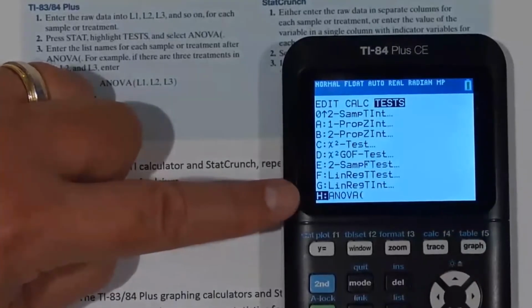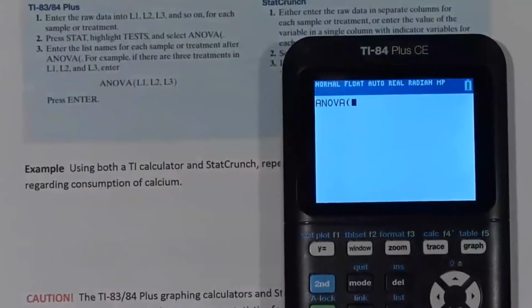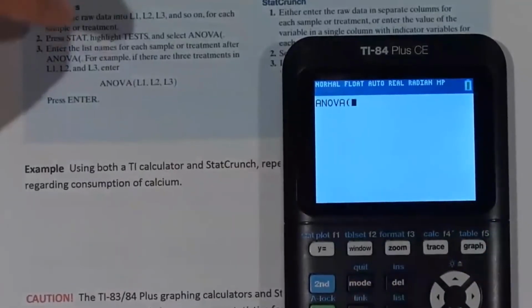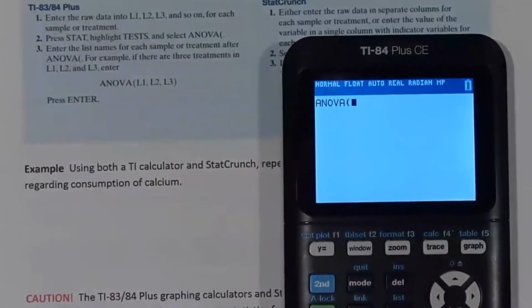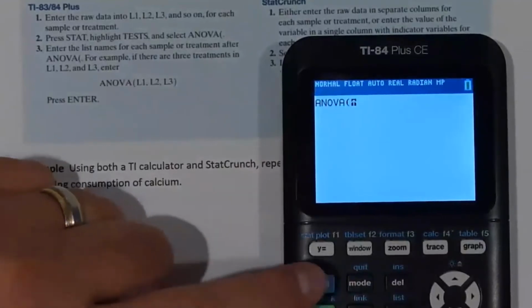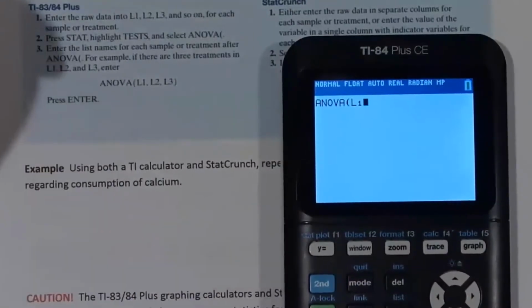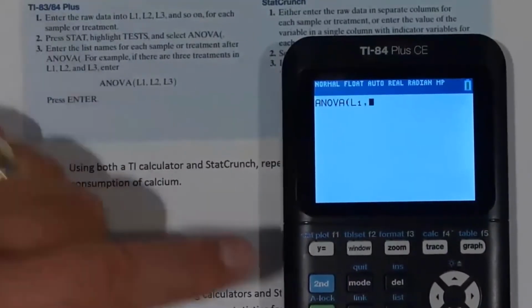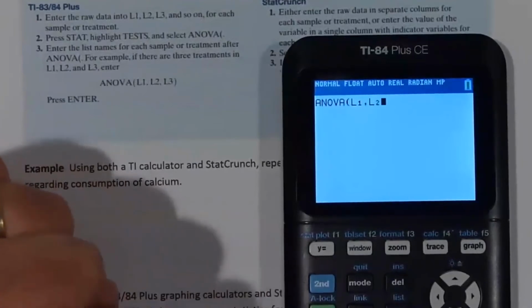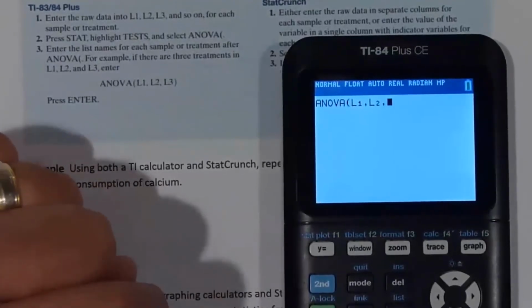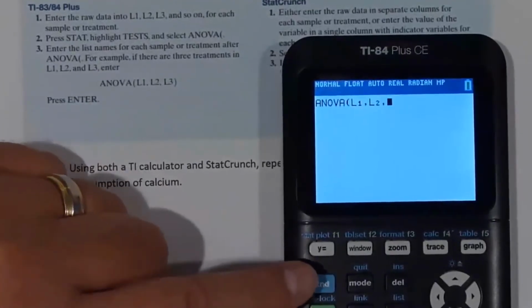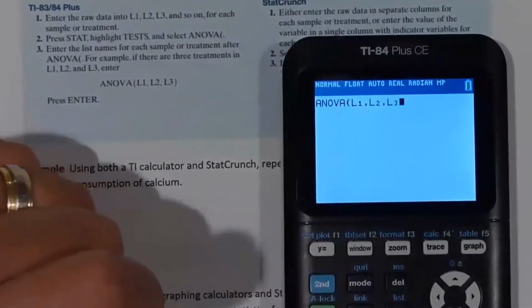Now, here's how that works. I select ANOVA, and I get this command on the home screen of the calculator. So all I'm going to do is tell the calculator what lists have the data that I'm comparing. I have my lean meats data in list 1, so I'm going to put L1, comma. I have the mixed meats data in list 2, so L2, comma, and I have the high fat meats data in list 3.